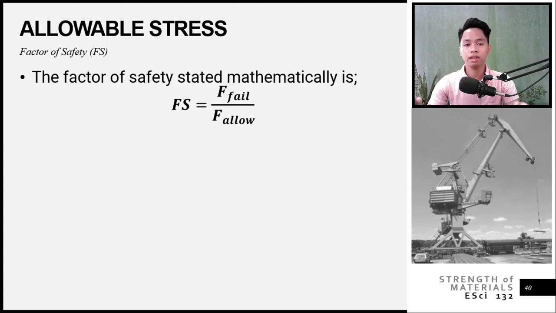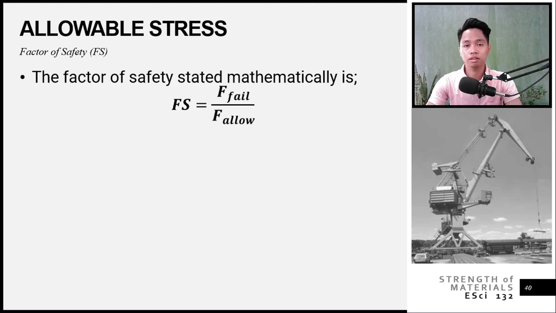But in every situation, there may be another value of factor of safety. It depends. For example, in foundations, in geotechnical engineering, the factor of safety usually used by our geotechnical engineers is 3.